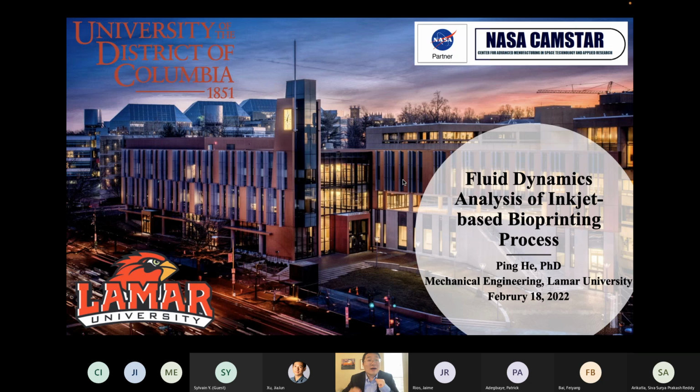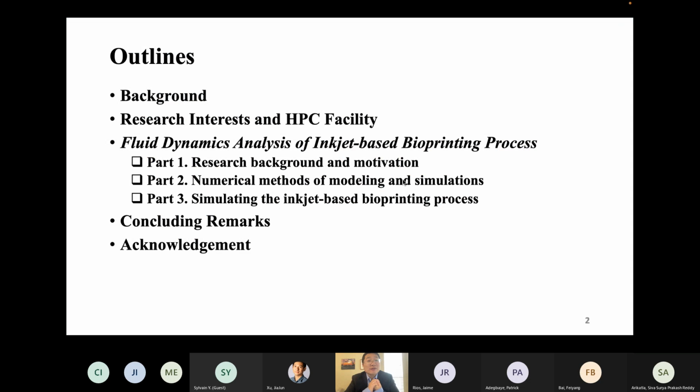And today, first I'd like to give a very brief background for myself and my research interest, and also a brief introduction to our HPC, high performance computing facility, and my focus is on the research background of this bioprinting work.